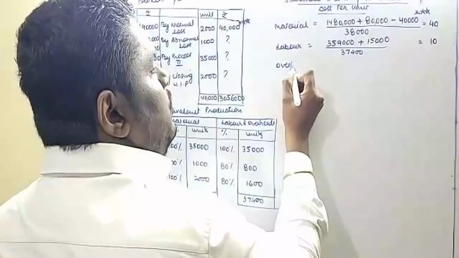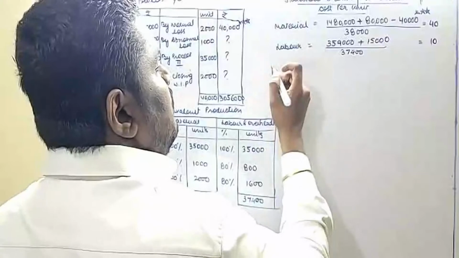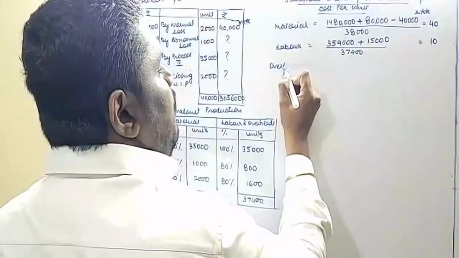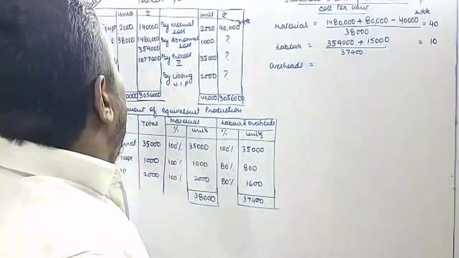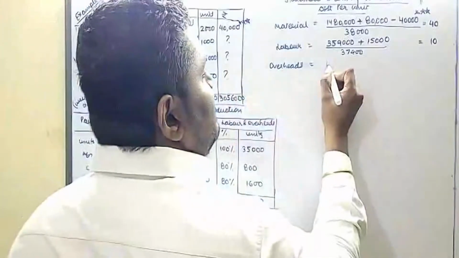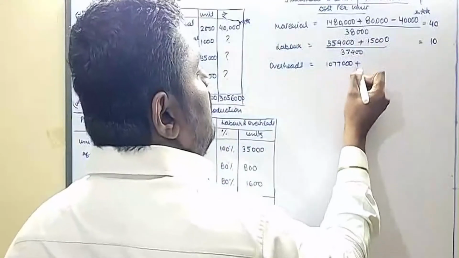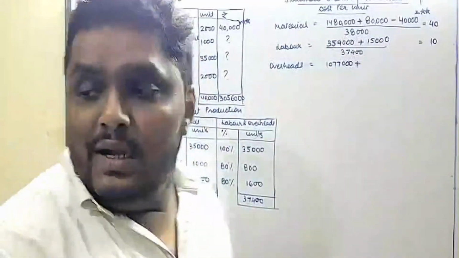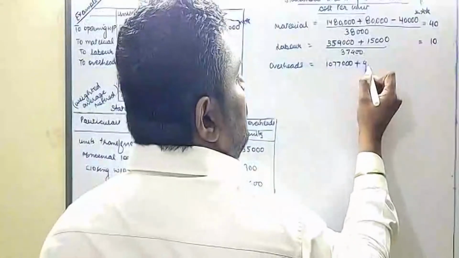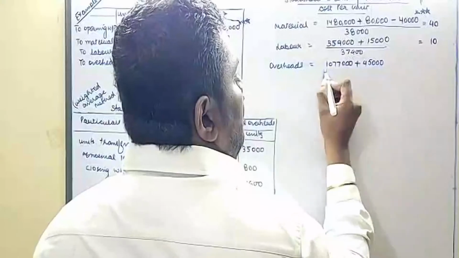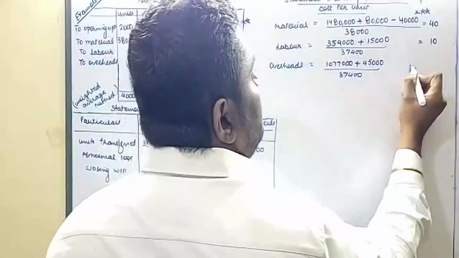Further, when talking about overheads, the cost incurred in the current year is 10,77,000 plus the cost incurred in the previous year is 45,000, divided by the number of units, that is 37,400.